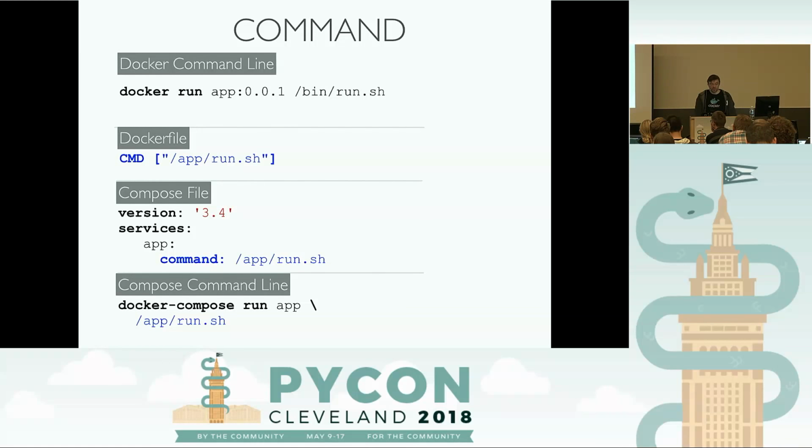Now in Docker Compose, if you provide a command keyword in your service, that's going to be the command that's executed instead of the one in the Dockerfile. That will override the Dockerfile. Or you can provide a command on the Docker Compose command line interface if you use the docker compose run command and provide a command to that. That will override everything.